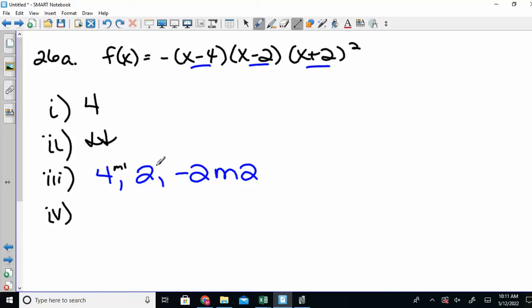It's based off the multiplicity. This is like a 4 multiplicity of 1, 2 multiplicity of 1. If the multiplicity is odd, it will go through. So the 4 had an odd multiplicity, so it goes through. 2 had an odd multiplicity, so it goes through. -2 had an even multiplicity, so that one will bounce.